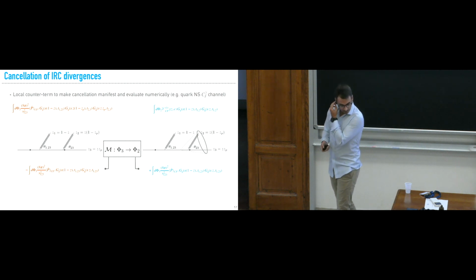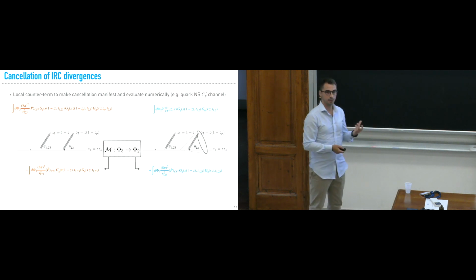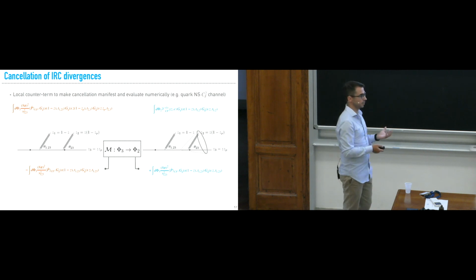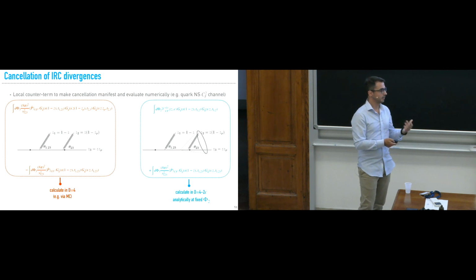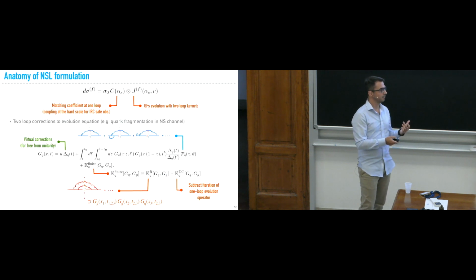And this is what you would normally do to subtract the divergences also in the context of a shower. So by doing that, you obtain, of course, a different definition of the integrated counter term depending on what mapping one uses.